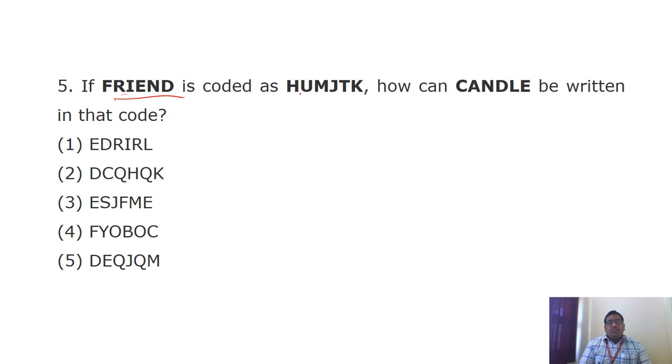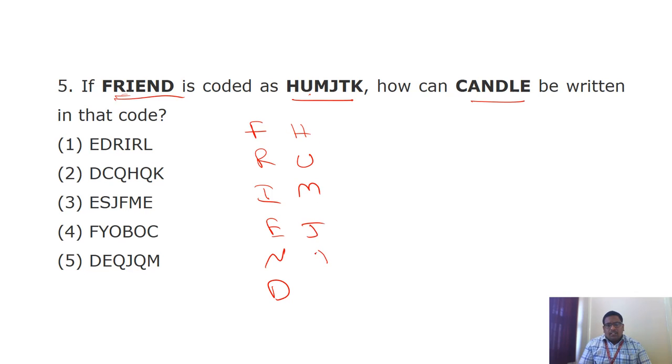If FRIEND is coded like this, how can CANDLE be written? Obviously it is not order based coding. So let me write down the letters. FRIEND, HUMJTK. The mirroring of D is W, W is nowhere there. R to I is also nowhere there. So obviously it's not mirroring.